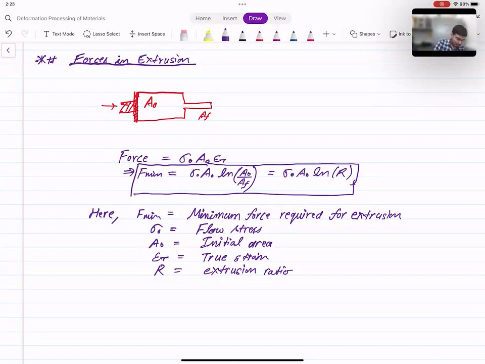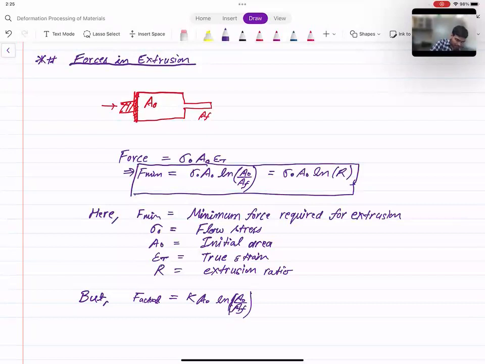The actual force will have a similar kind of relationship with the area and true strain. Say it is F actual, and it will be nothing but a constant K times the initial area multiplied by ln of A naught by AF.